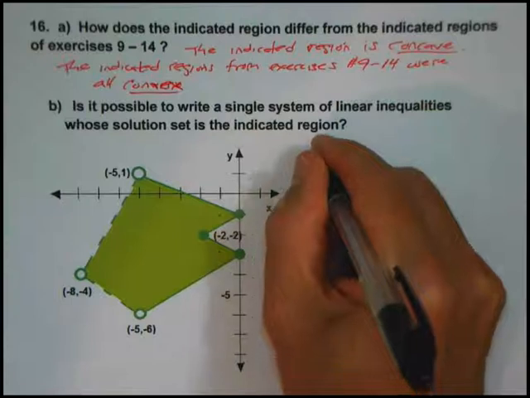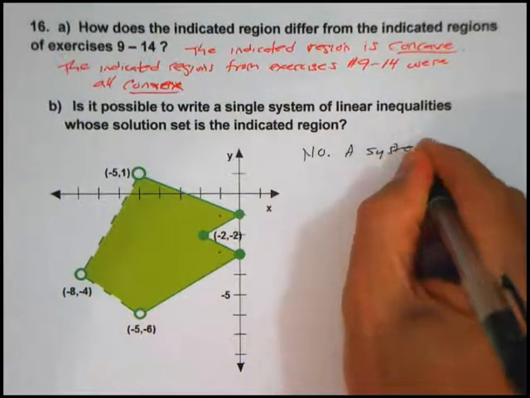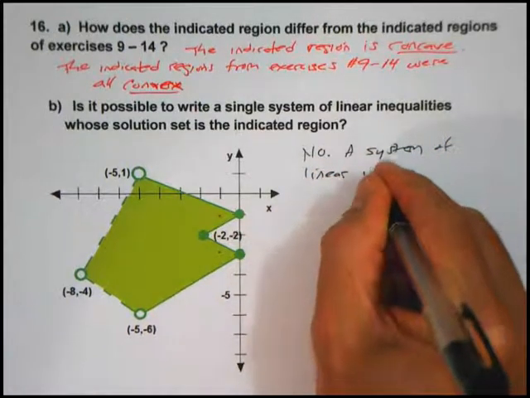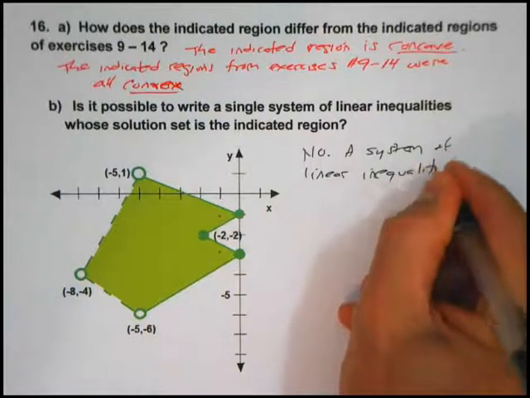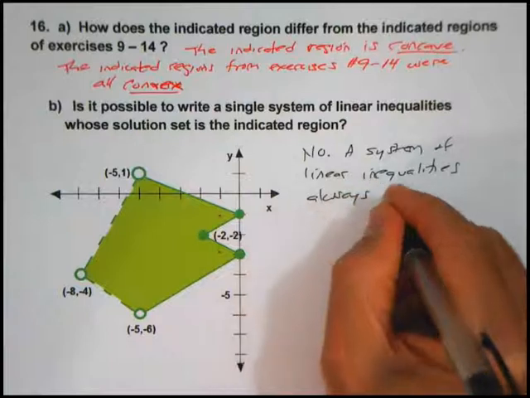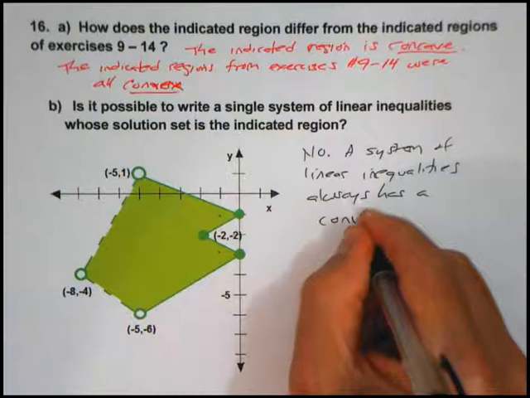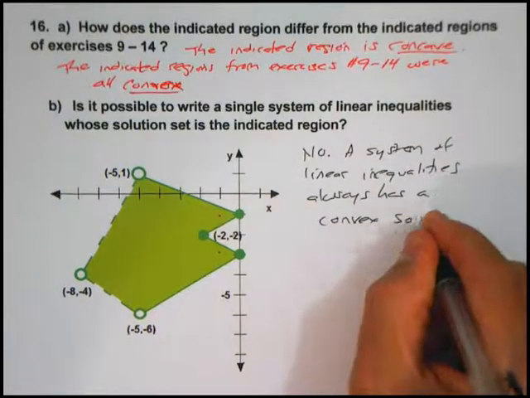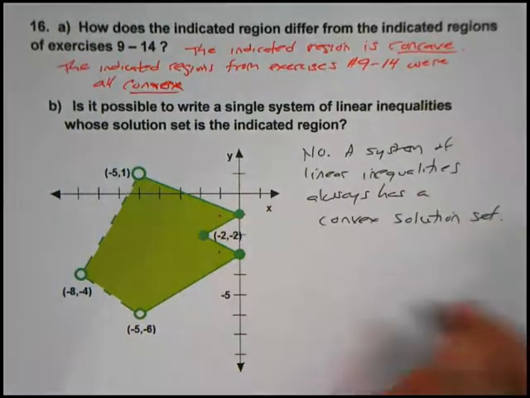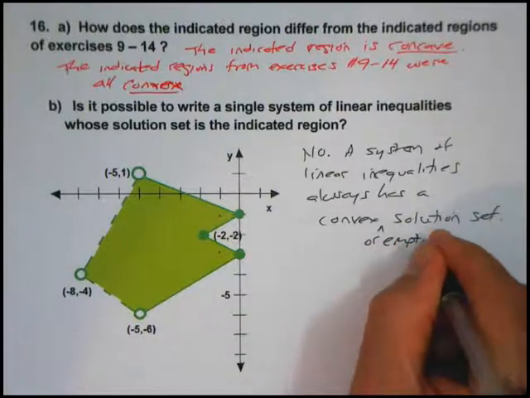So, no. A system of linear inequalities always has a convex solution set. Convex, or empty, no solutions whatsoever.